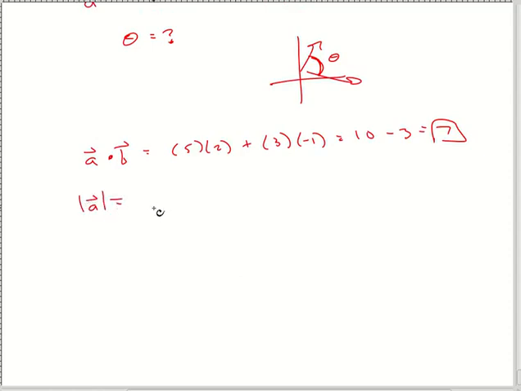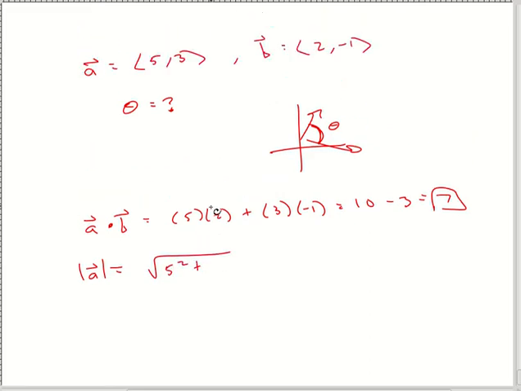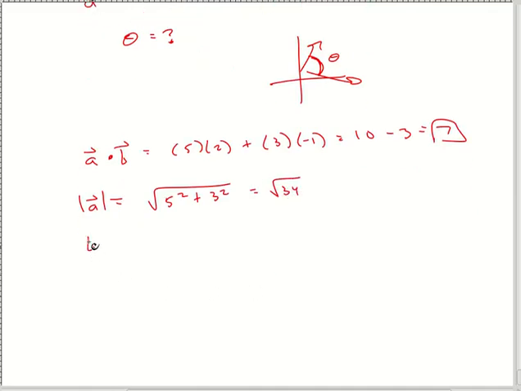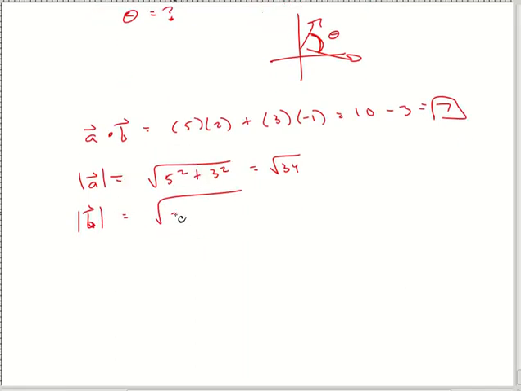Now the magnitude of A, I even mix up the notation, but it's all the same: 5 squared plus 3 squared, so square root 34. And the magnitude of B is 2 squared plus 1 squared, square root 5.